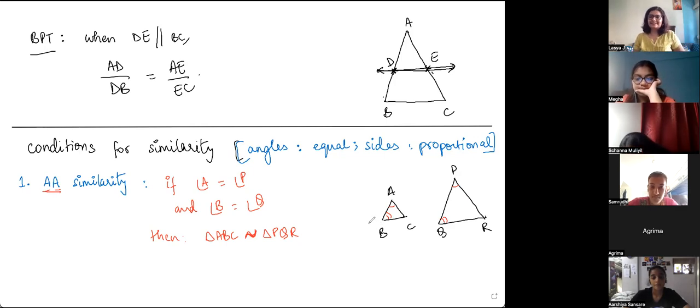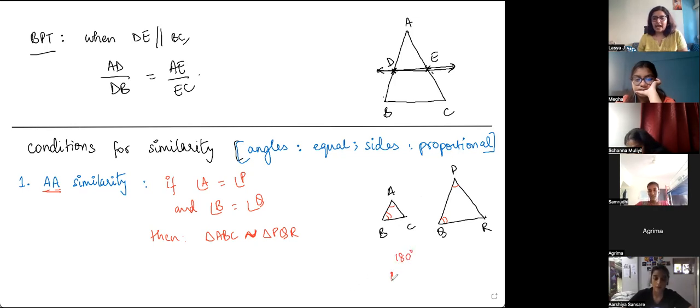Arshia, you were saying? The angles of a triangle add up to 180. So if two angles are equal, then the third angle will also be the same. And why will the third angle also be the same? Just because the sum has to be equal to 180. So there you go. For any triangle, the sum of all three angles should be 180.